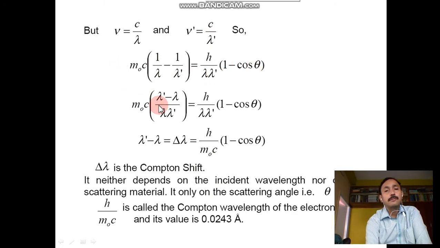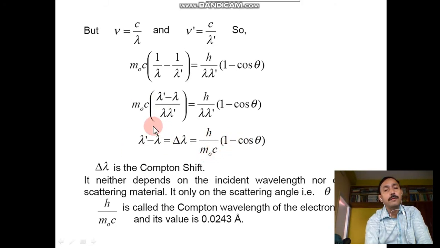So m naught c (lambda dash minus lambda) by (lambda lambda dash) is equal to h by (lambda into lambda dash) (1 minus cos theta). Cancelling out the denominator part, lambda dash minus lambda is equal to h by m naught c (1 minus cos theta).